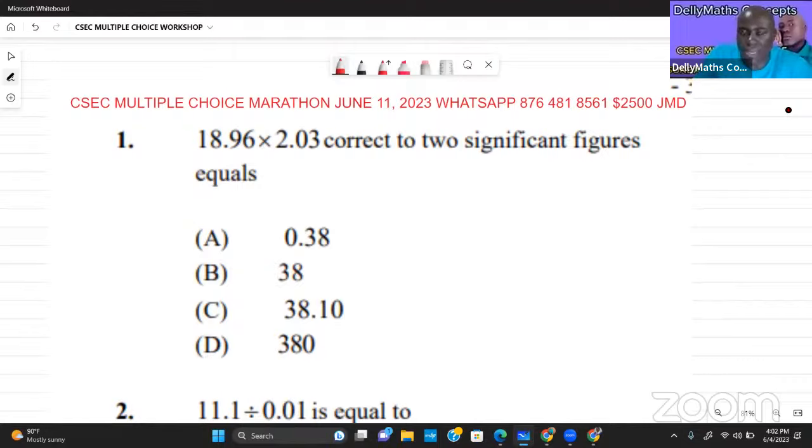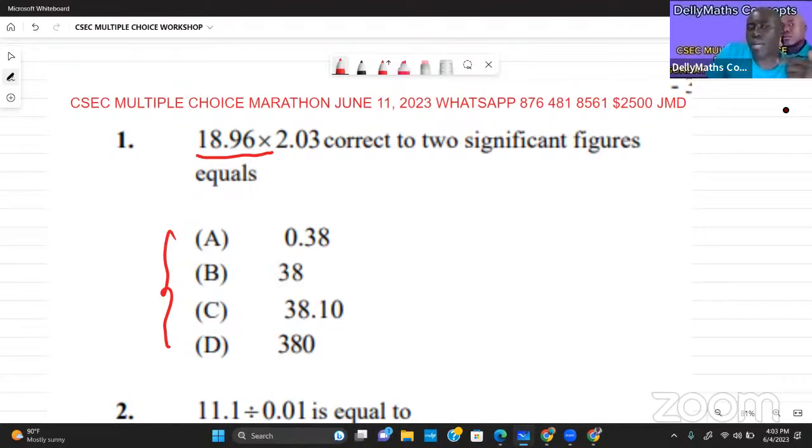So all digits are significant except 0, which may or may not be significant. But what you want to do first is to have a value for this. You want to kind of know what this is. When you look at the responses, you're seeing that this is some 3, 8, and maybe a 1 or a 0, right?